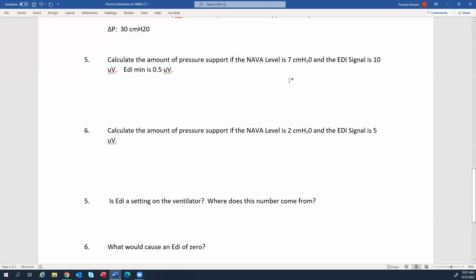So to get the amount of pressure support, it's 10 minus 0.5, so 9.5, times the NAVA level of 7. So 9.5 times 7 is 66.5.